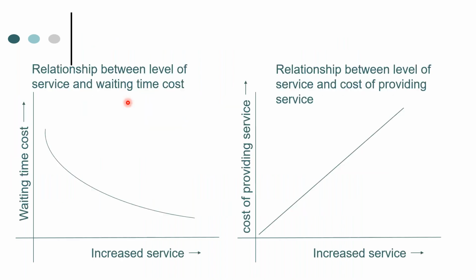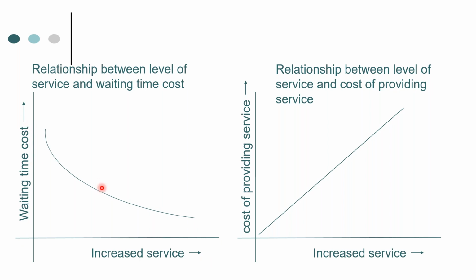Now, if you see the relationship between level of service, how you should provide the service, what level of service you should provide. Okay, so the waiting time reduces if you provide good services. If you provide a greater level of services, the waiting time obviously reduces.